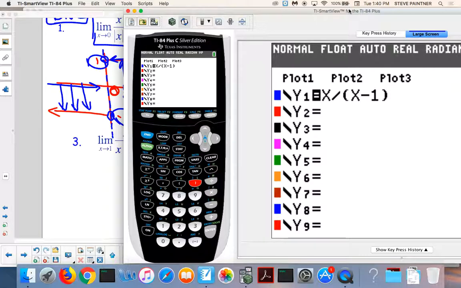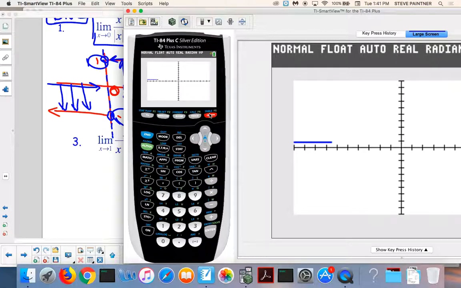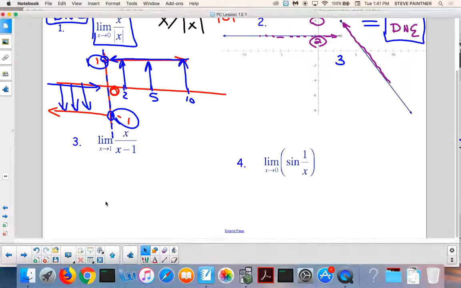Using parentheses, right? Tell your calculator I want x divided by what? That binomial. Okay? Hit graph. See what happens. Here it comes. Straight down, straight up. Okay? So I think we've seen that one.